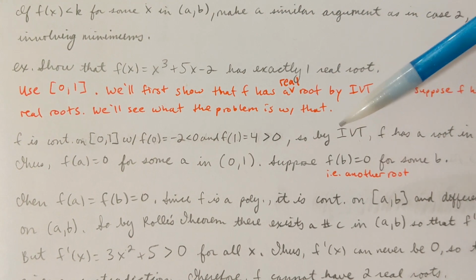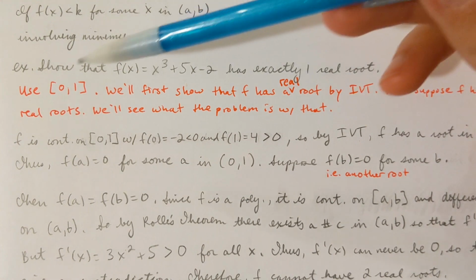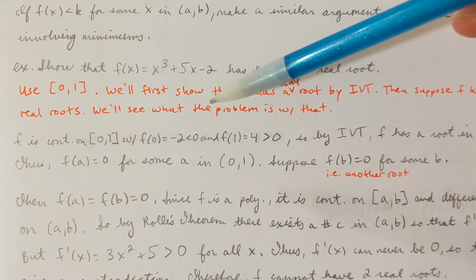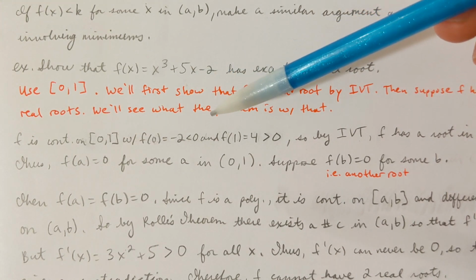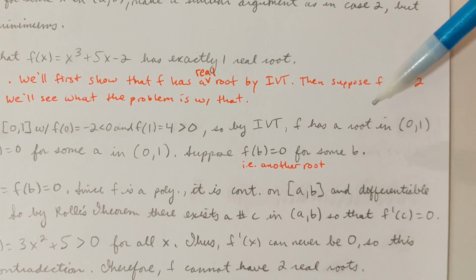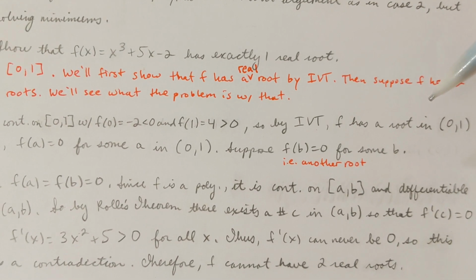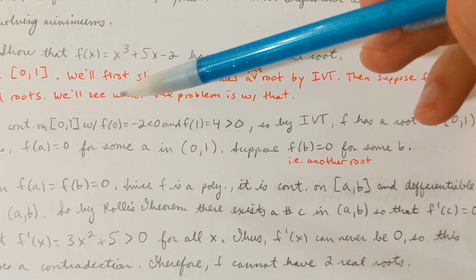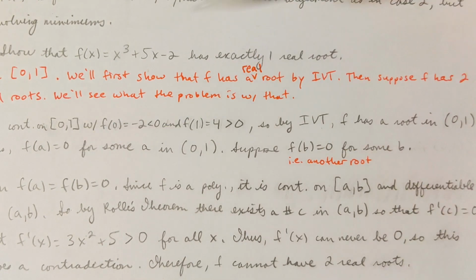Now, the intermediate value theorem says that if you have a function that is continuous on some closed interval, we'll call it AB, then there exists a number, which we were calling C, such that f of C is equal to 0.